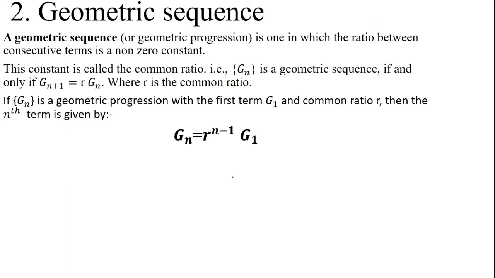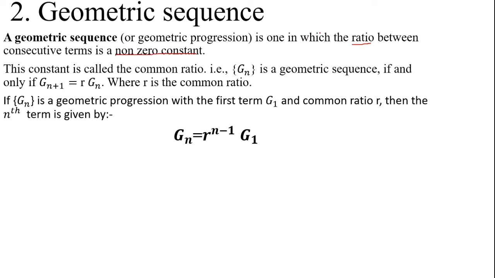So this is the second type of sequence, what you call it, geometric sequence. This sequence can be defined as a sequence in which the ratio between two consecutive terms must be nonzero constant. Yes, for arithmetic sequence or arithmetic progression, we see the difference, not the ratio.